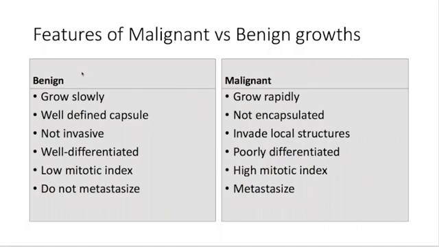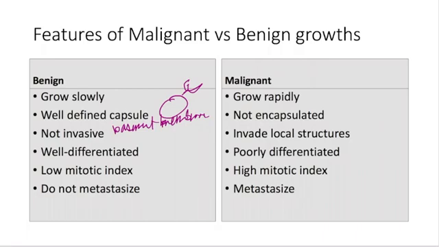So features of benign include growing slowly, not invasive. That means that it has not gone through that basement membrane. Well differentiated. So differentiation is the extent to which the neoplasm resembles the parenchymal cells of origin. We look at functionality, also morphology of it. So it looks the same. It resembles the parenchyma.